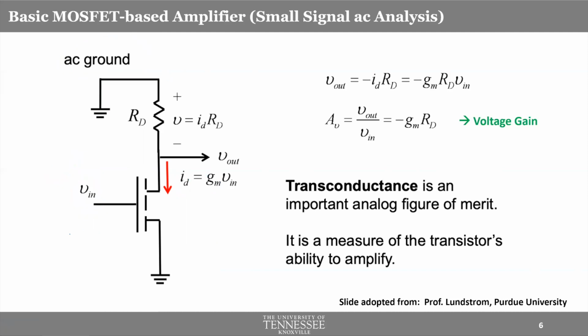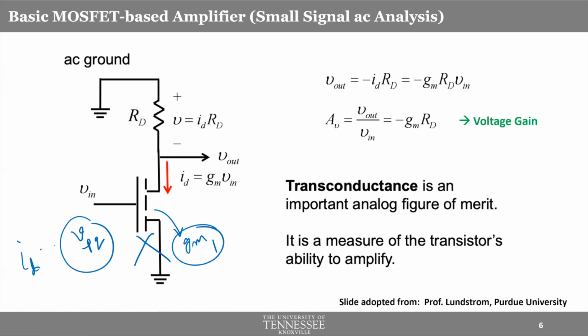Say you have given an input of VPQ, and your transconductance is GM1. How much will be the drain current? The drain current will be nothing but the product of these two. If you know the input and the transconductance, you can calculate the drain current. That's how interesting this transconductance is.